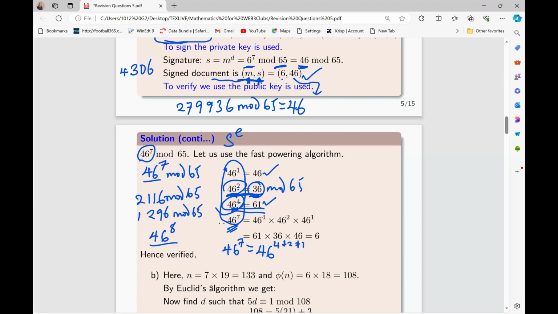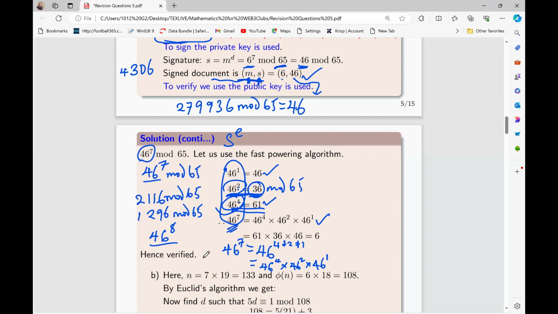This gives me 7. So just expanding this, using the law of indices, this is 46 raised to 4 multiplied by 46 raised to 2, then multiplied by 46 raised to 1. That's what I wrote here.